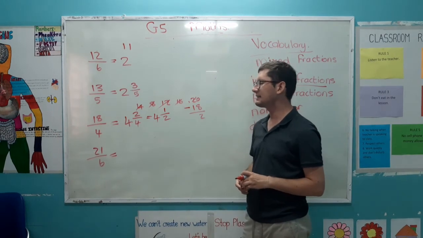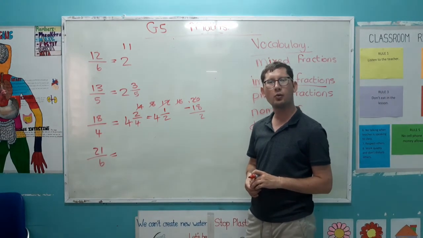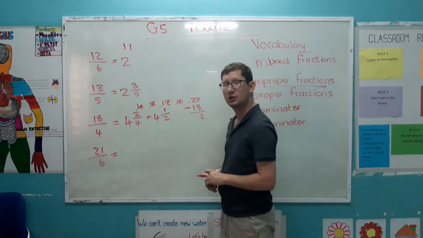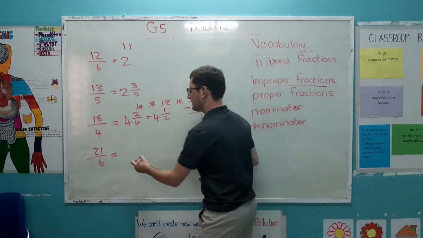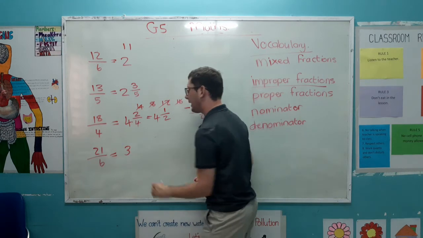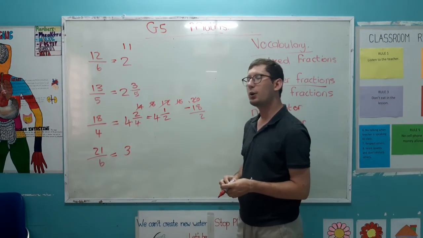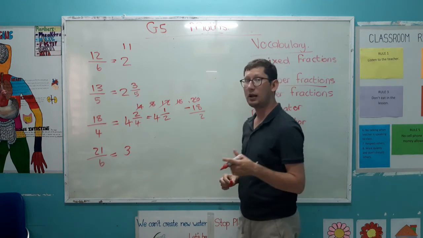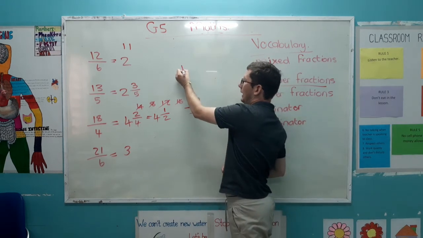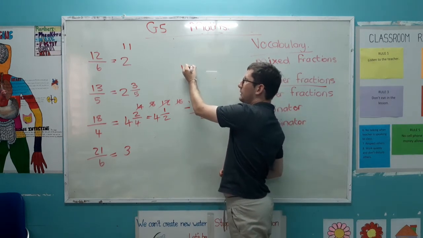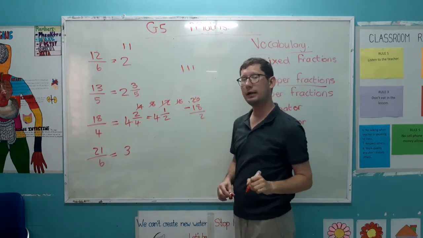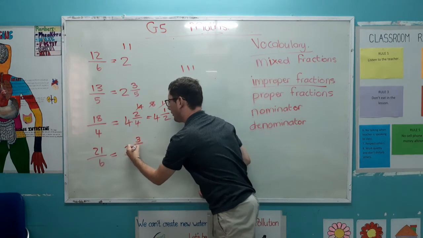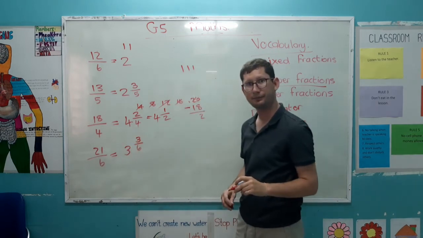So let's have a look at the last one. How many times does 6 go into 21? Yes, it's 6, 12, 18. So it goes 3 times. And what's the remainder? 18, 19, 20, 21. So the remainder would be 3 over 6.